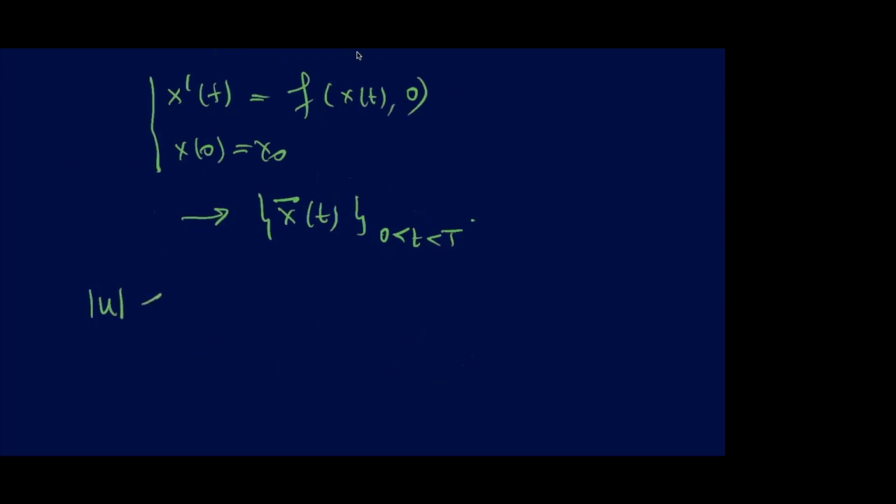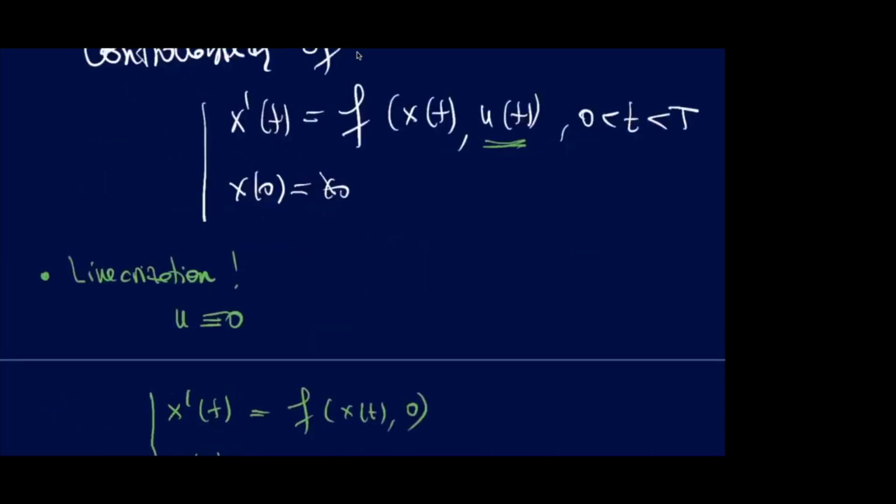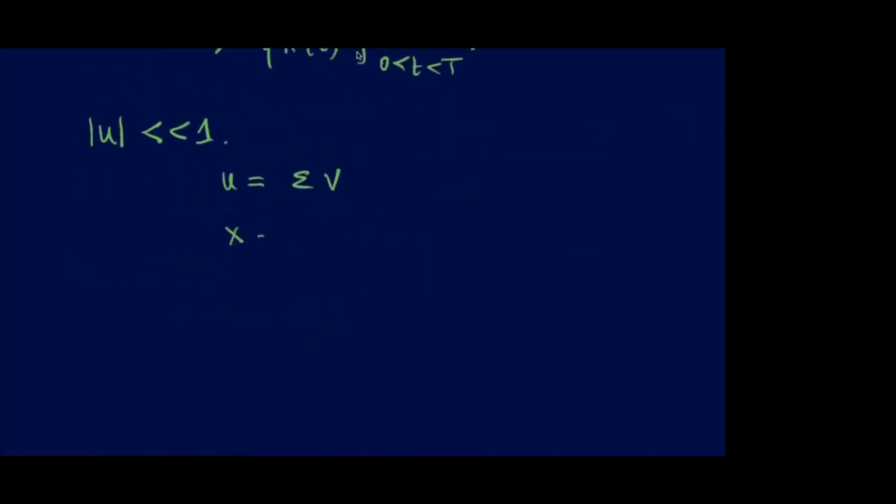Now I take controls of a small amplitude. Then you could think that the control u is like epsilon v, right? So the control being small, I can think of having a small parameter, a penalization parameter epsilon. And then, of course, if in this nonlinearity you modify u from 0 to epsilon v, what you expect is that the new trajectory x will be the original trajectory x bar plus epsilon y, right?